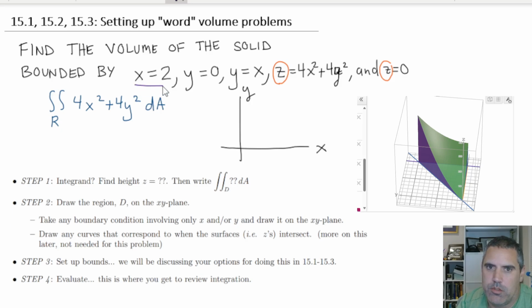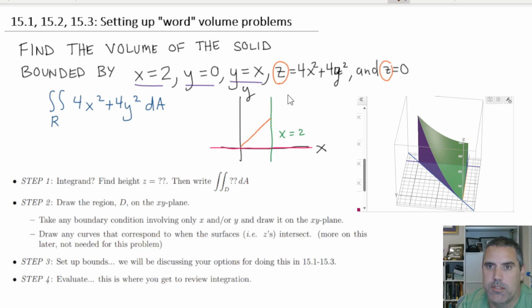We draw x equals 2, we draw y equals 0, we draw y equals x. And those things only. Y equals 0 is right here. All the points where y is 0. X equals 2 is right here. All the points where x is 2. And y equals x is this line.